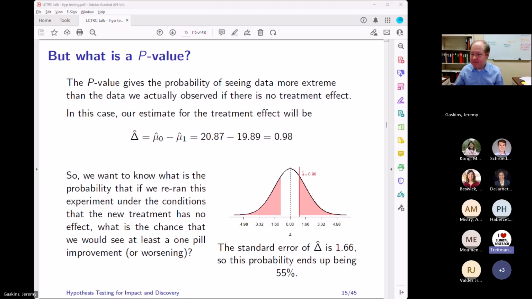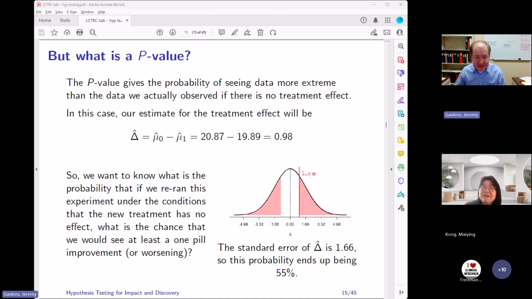I think with the settings I have, they may need to raise their hand and then I can unmute them. I'm not completely sure. But if there is a question you would like to speak, raise your hand and I'll make sure that you can unmute. Oh, I think Mai-Ying has her hand up.